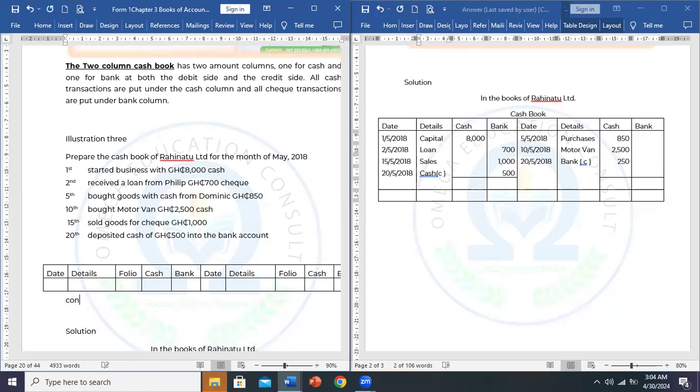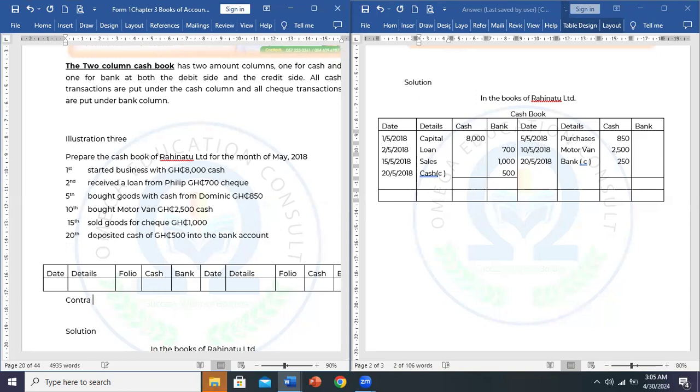Contra entry. Okay, a contra entry is an entry in the same ledger, where both debit and credit affect the same ledger or same account.